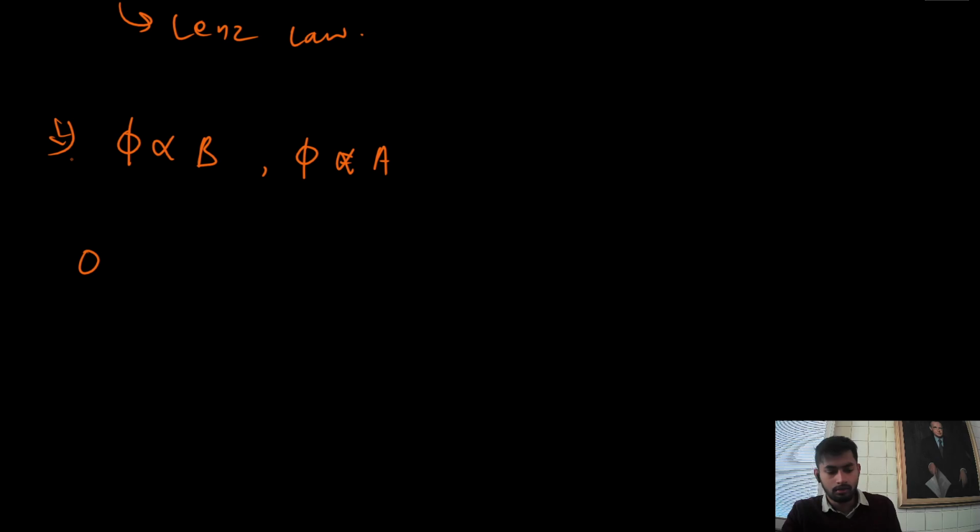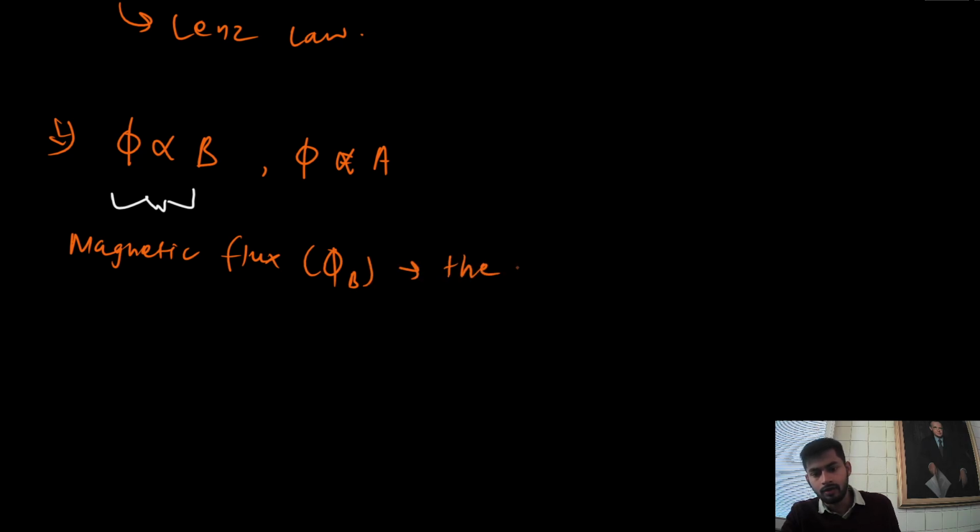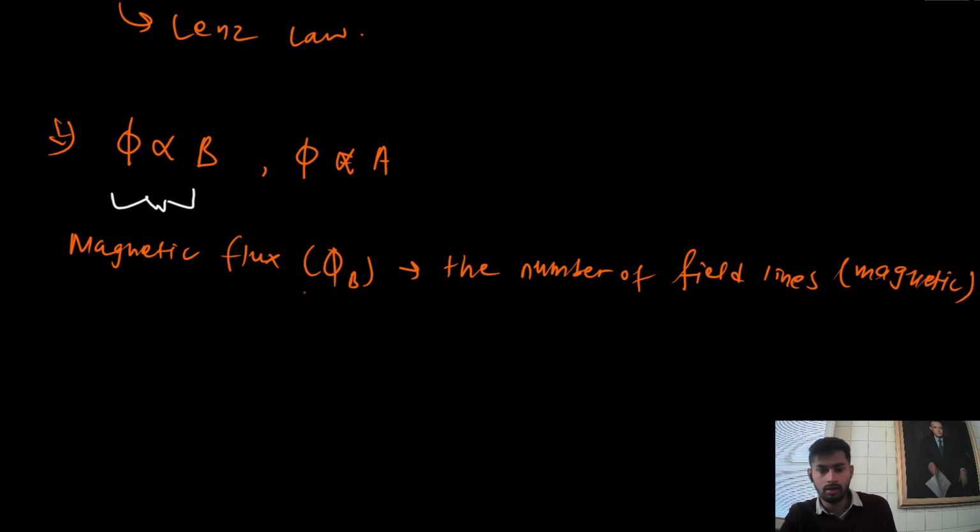Flux, the magnetic flux that we have, which is a byproduct of this thing over here, magnetic flux phi of B, is the number of field lines, magnetic, not electric, magnetic, passing perpendicular to a surface, right?